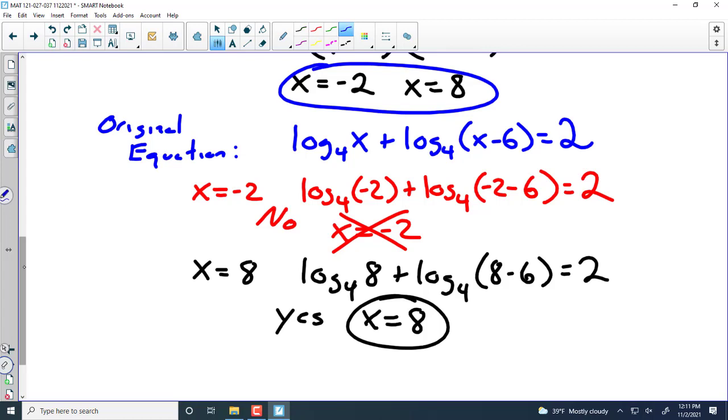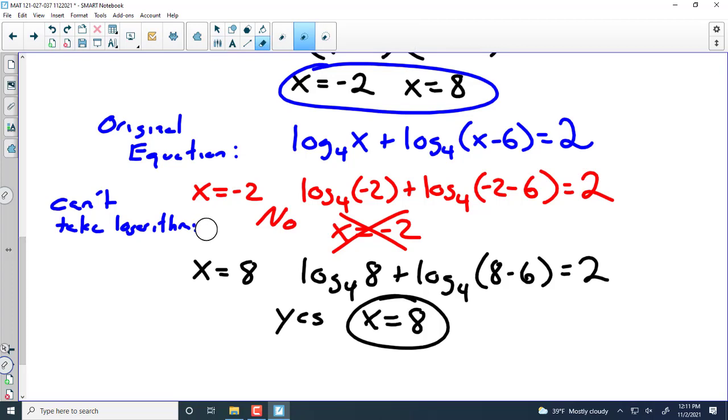And the thought process was, you can't take a logarithm of 0 or a negative. And that's why we had to get rid of that answer of -2.